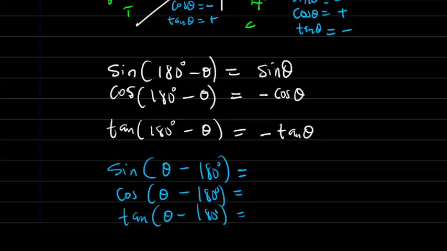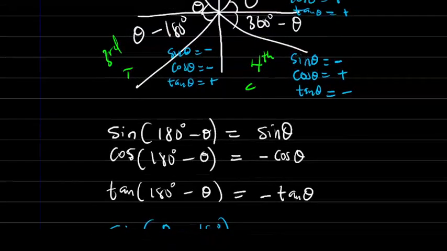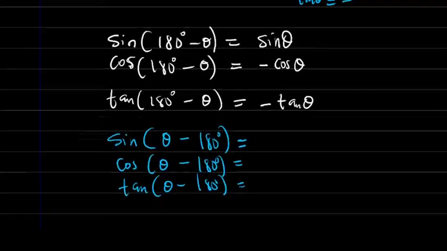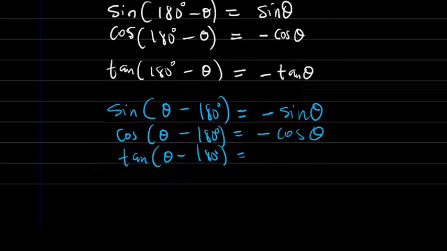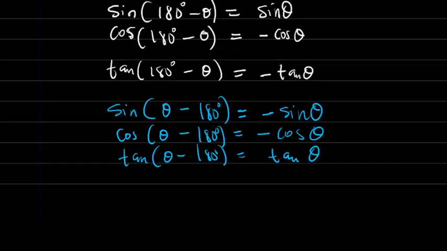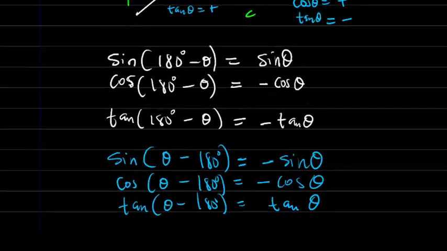Now, in the third quadrant, sine is negative. That means we are going to have minus sine theta. Cos is negative, minus cos theta, and tan is positive in the third quadrant. We have tan theta.